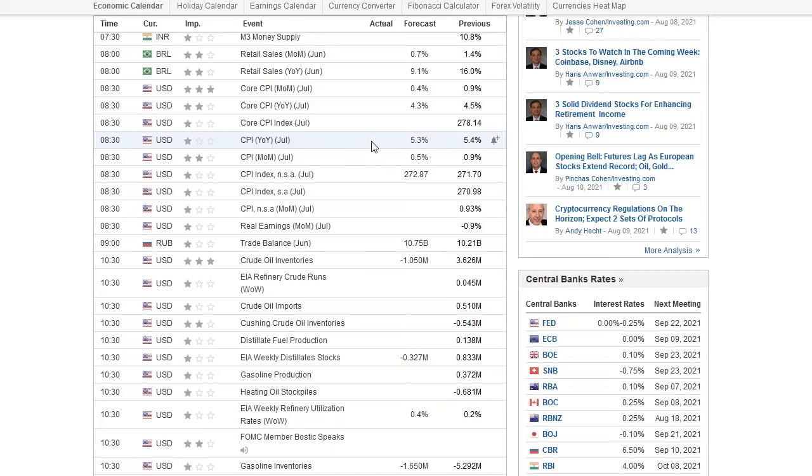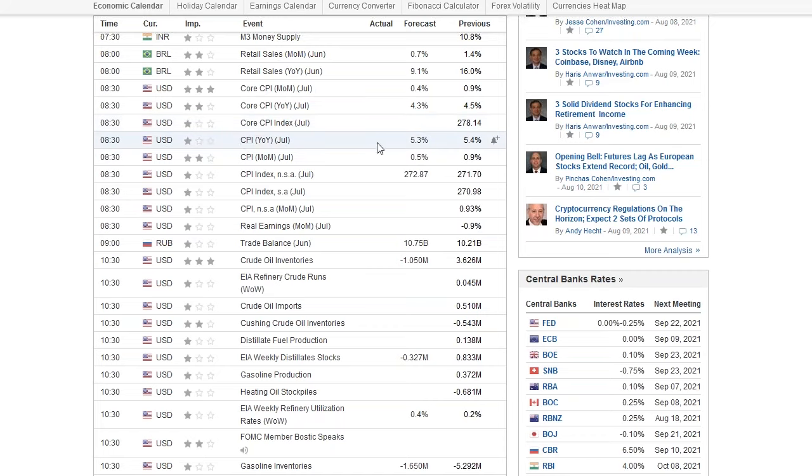If the consumer price index comes in and shows lower inflation than expected, if it shows that prices rose less than 5.3%, which is the expectation, let's say it shows prices only rose 3.5% or 3%, then you might see a further weakening of gold as fears of inflation could be drowned out further.